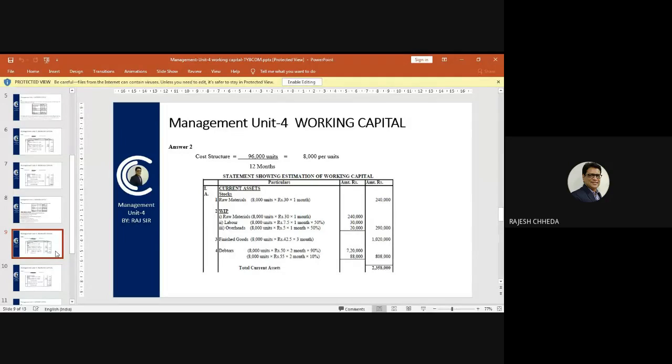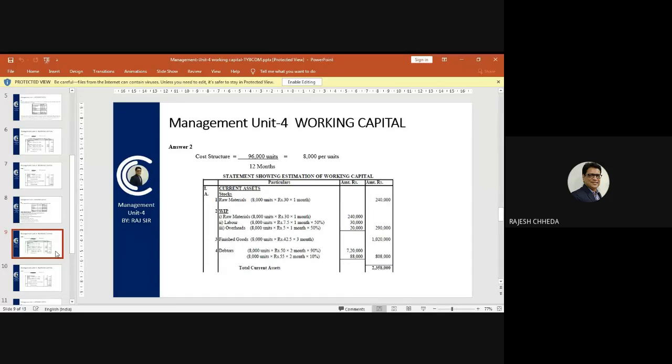You can see the calculation of data on screen. So this last adjustment is important. If it was a normal question where this difference in price was not there, easily we can calculate 8,000 into 50 into 2 months. But here they are saying that 90% was normal.